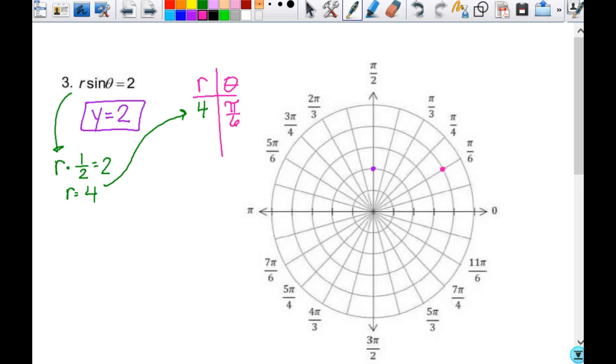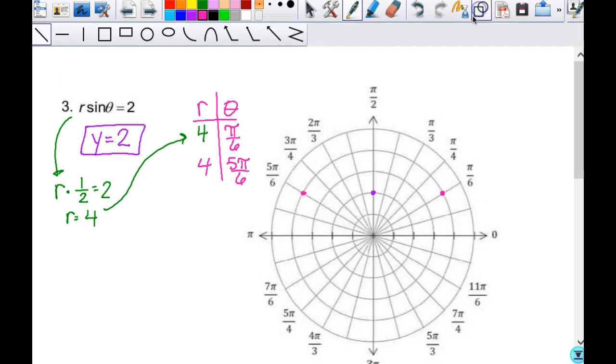So now that I have that, what is the next easiest one to pick? 5pi/6, right? So if I do 5pi/6, what's my answer going to be? 4, right? Because we already know it's a line. It's just another point I can get out there. So 5pi/6, and I can go 1, 2, 3, 4. And then I have something that I can draw my line through.